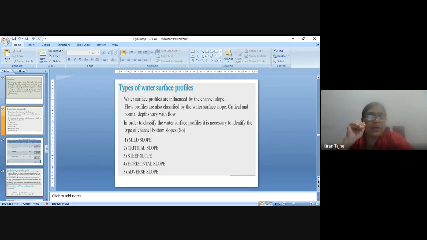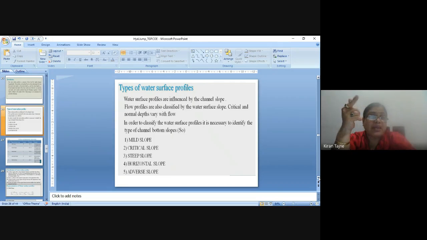Similarly, what is mild slope? Mild slope is when the bottom slope S0 is less than Sc, that is the critical slope. Then it is mild slope. Here yn, the normal depth, is greater than yc. Clear? Then there is a steep slope. Steep slope means the bottom slope S0 is greater than the critical slope.